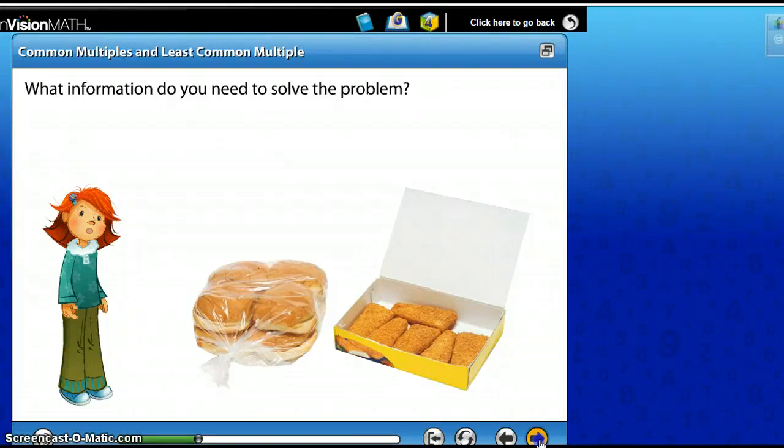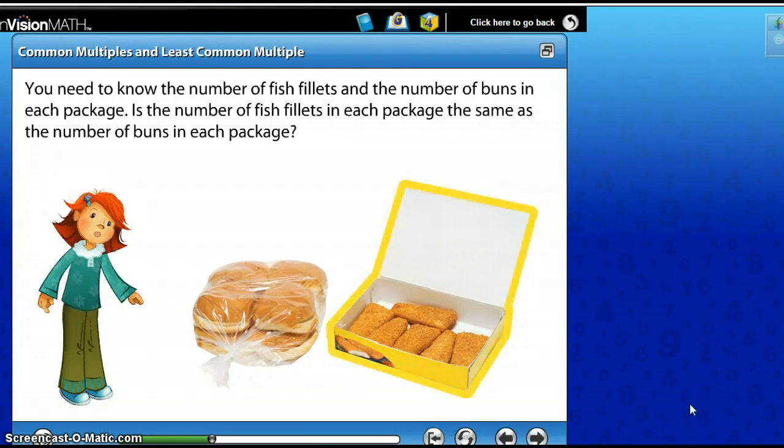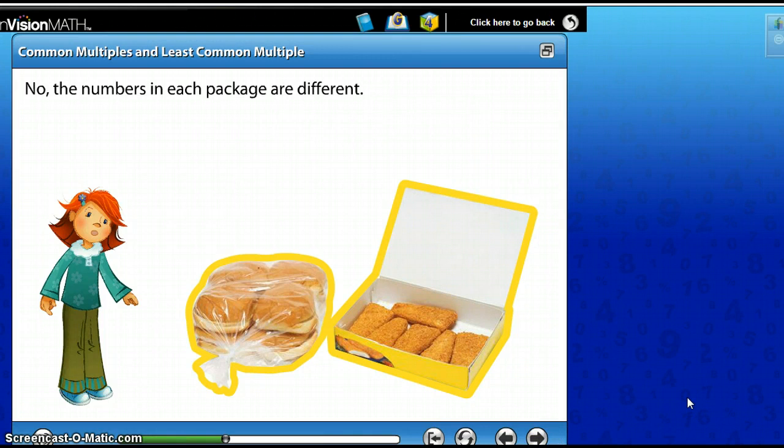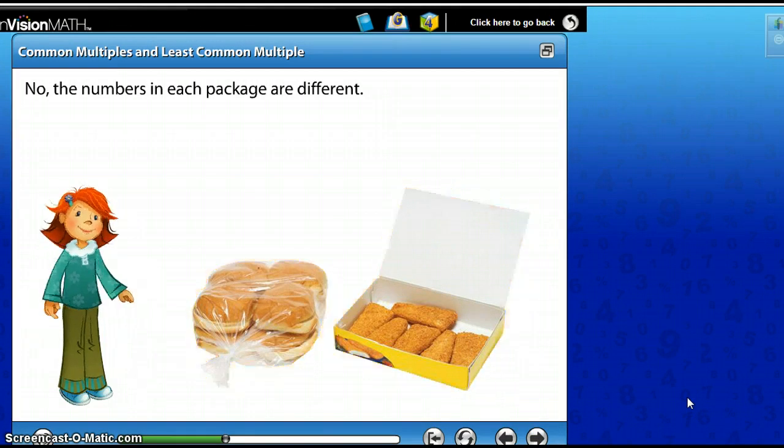You need to know the number of fish fillets and the number of buns in each package. Is the number of fish fillets in each package the same as the number of buns in each package? We need to know how many come in a pack before we can determine how many we need. No, the numbers in each package are different.